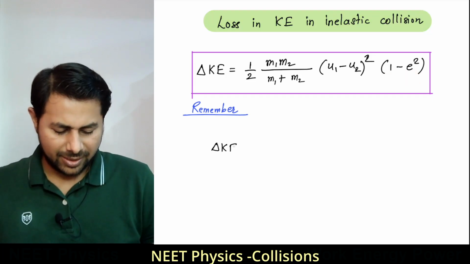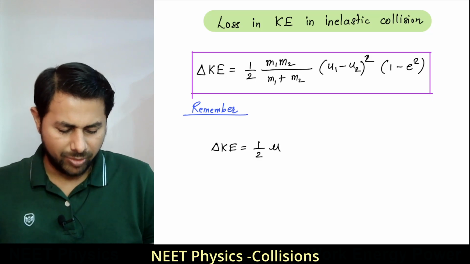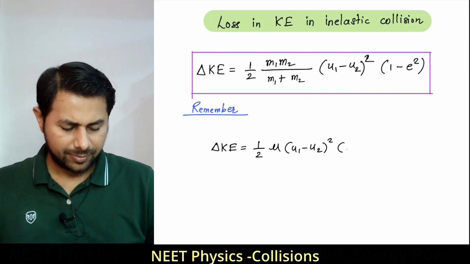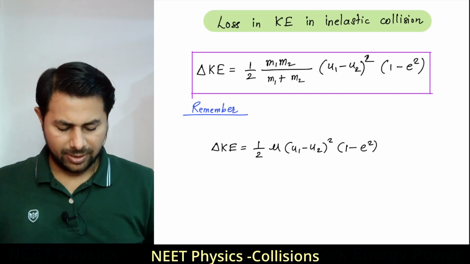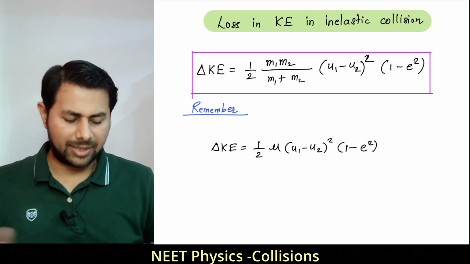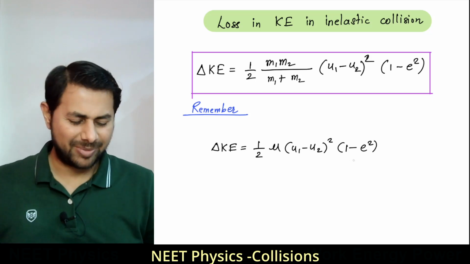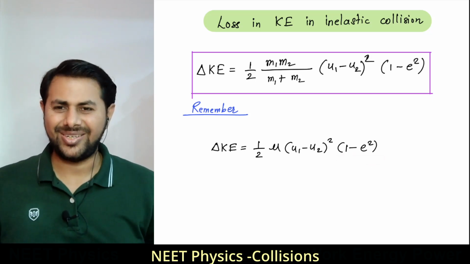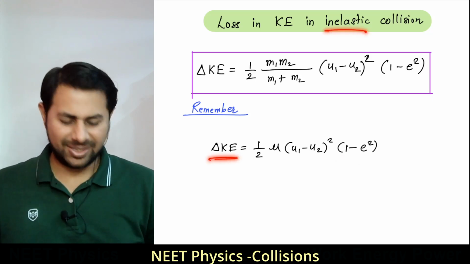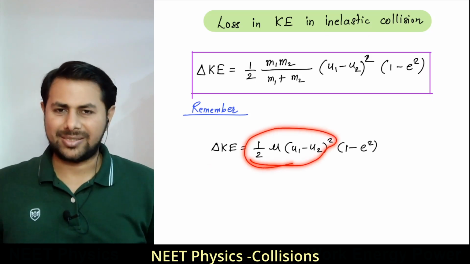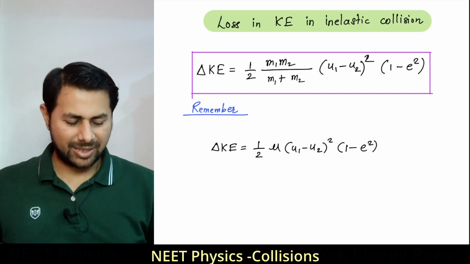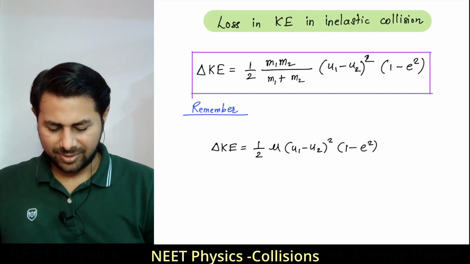Delta KE is half of mu, the reduced mass, multiplied by (u1 minus u2) squared, multiplied by (1 minus e squared). So delta KE of inelastic is equal to delta KE of perfectly inelastic, because this part is the same, multiplied by (1 minus e squared). That way you can memorize it.